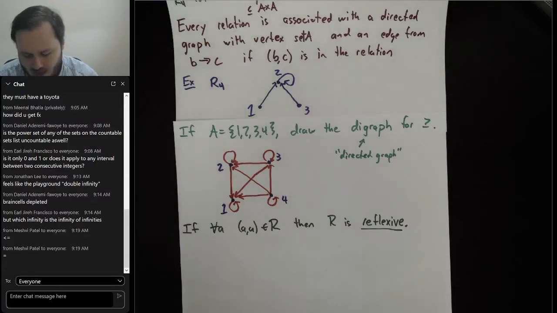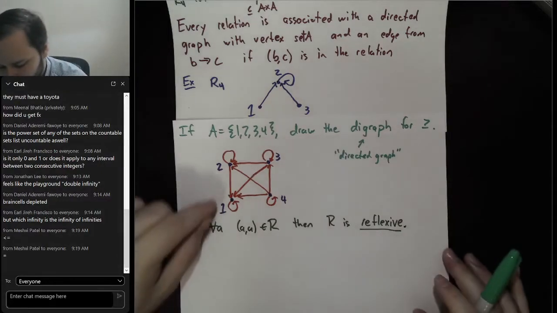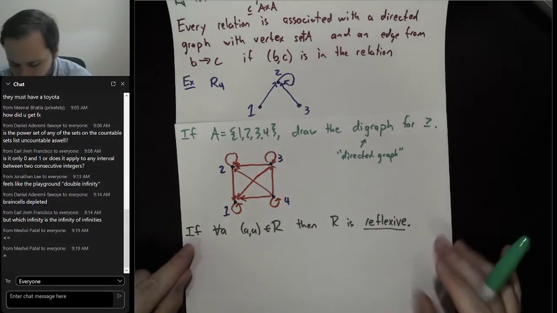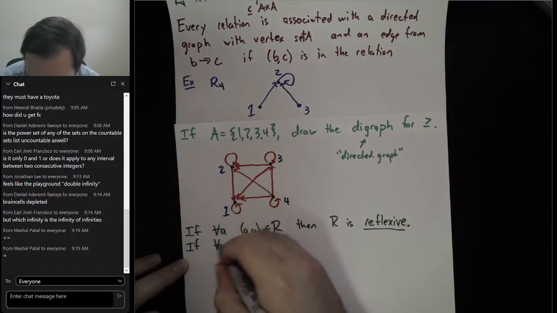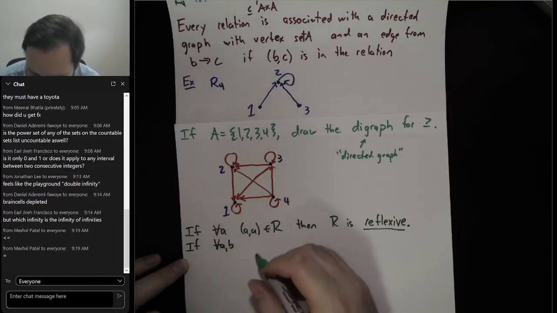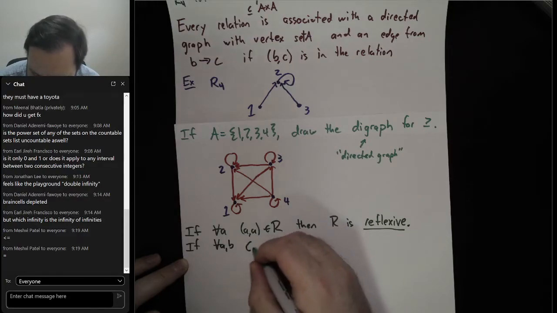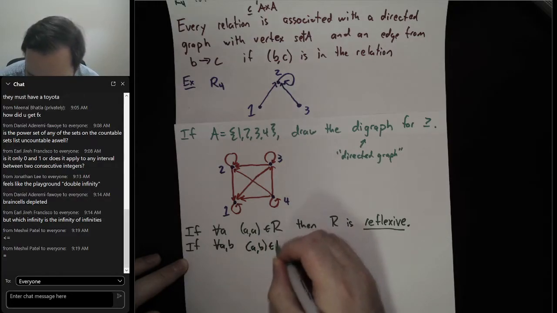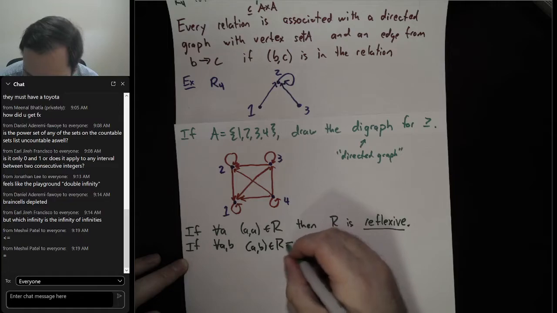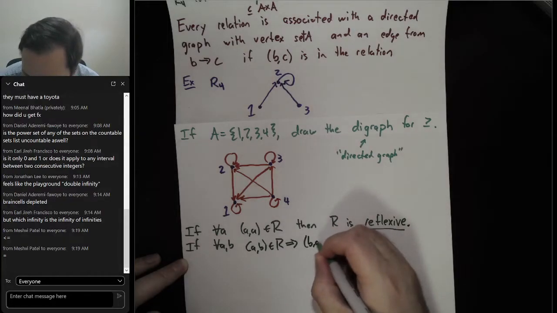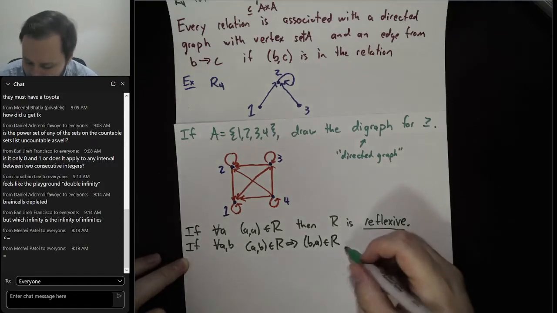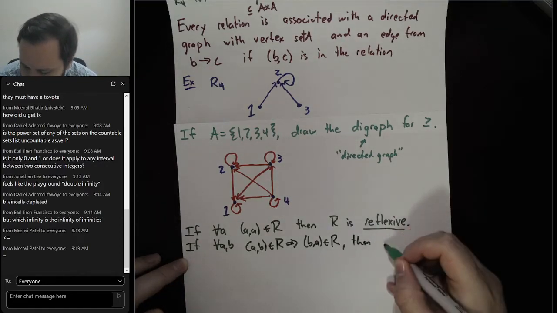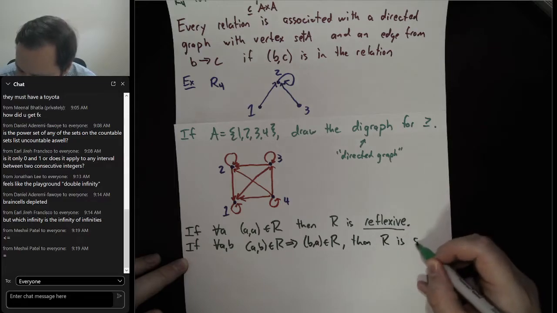Here's a property that greater than or equal to does not have. If for every A and B, if A comma B is in R, then B comma A is in R, then R is symmetric.